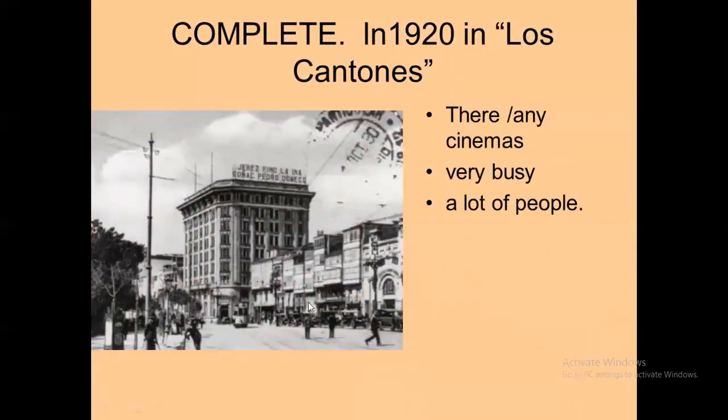So you have here a picture. There aren't any cinemas, it's very busy, a lot of people.